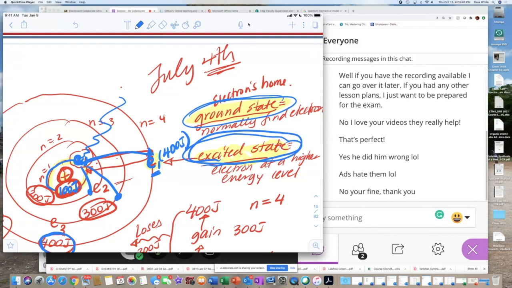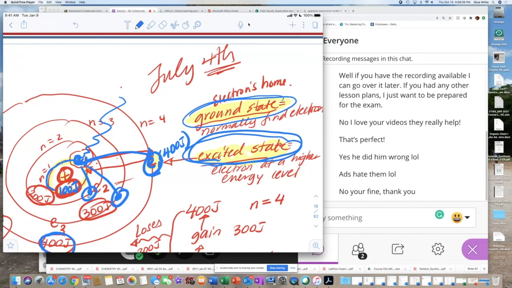So I use that to help me connect with what's happening to the electron. As the electron gets an outside source of energy, it actually has many places to go. It can go here, here, here, here, and here, depending on how much energy it has.